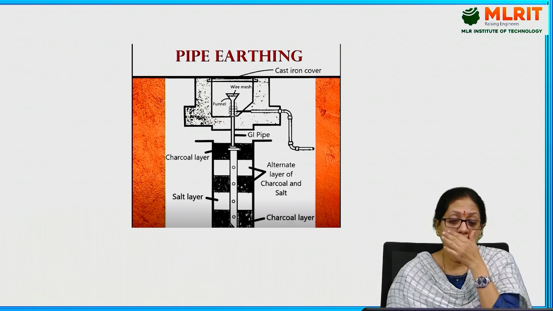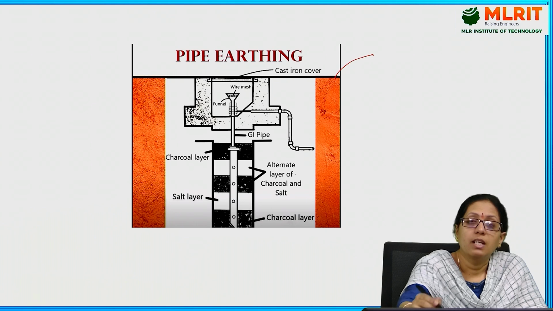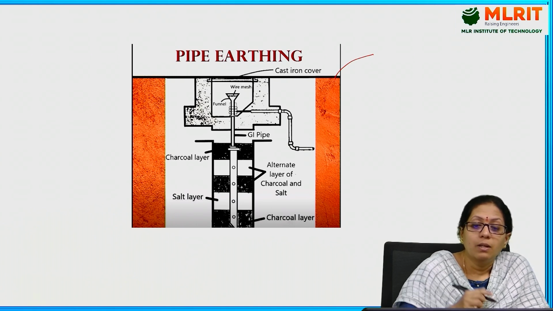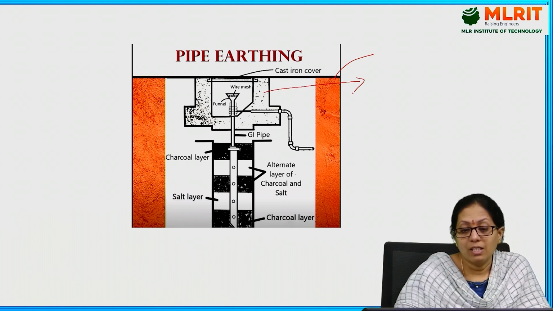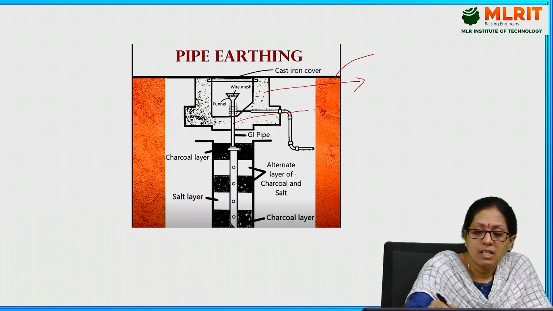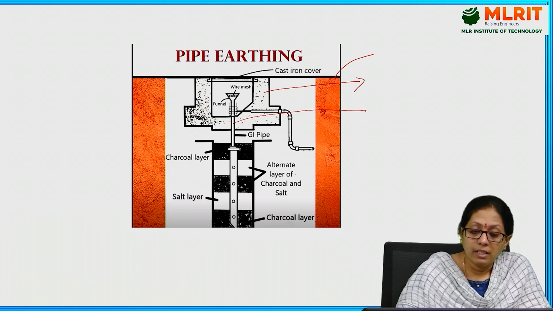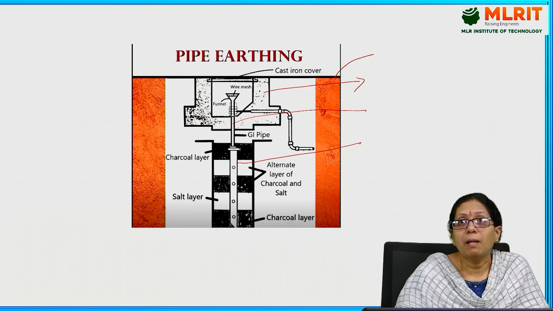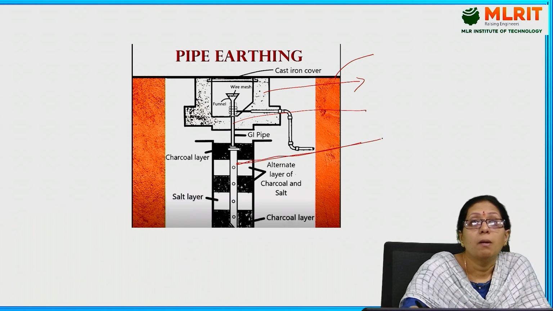Here you can see the picture of pipe earthing, where this is the ground level. This is filled with soil, and here you can see the conductors which are placed. This one is your pipe, the pipe which we are using in pipe earthing.